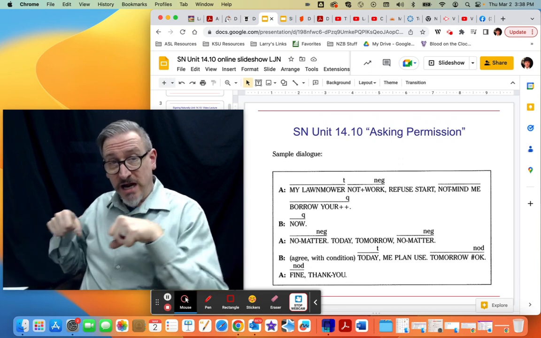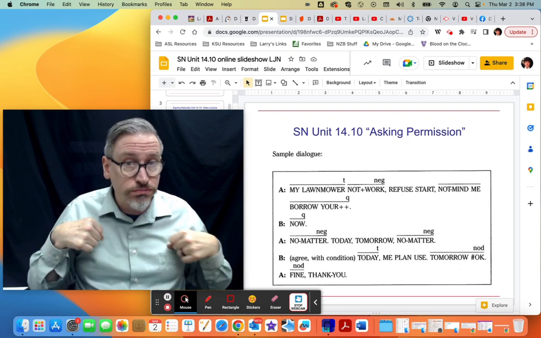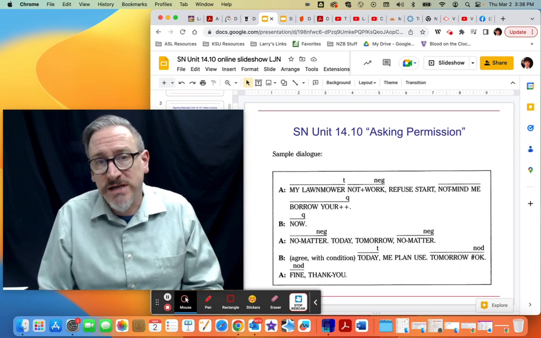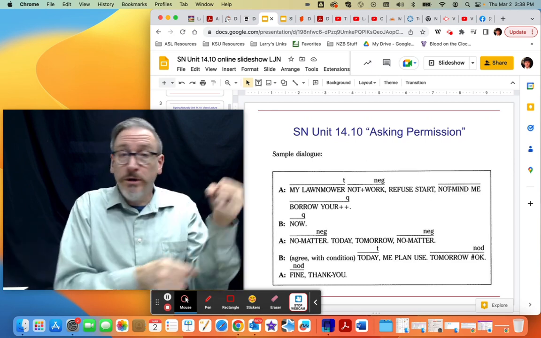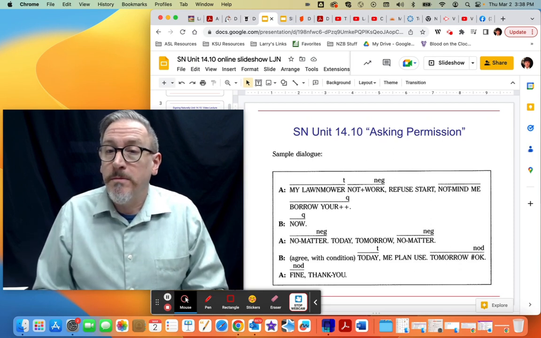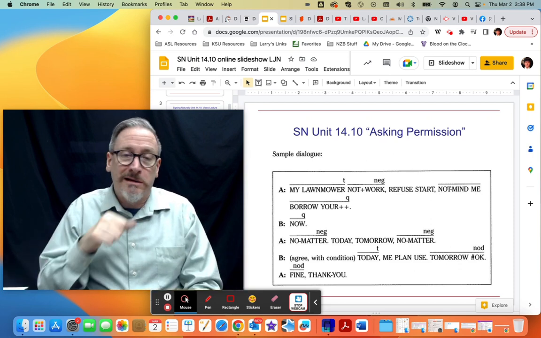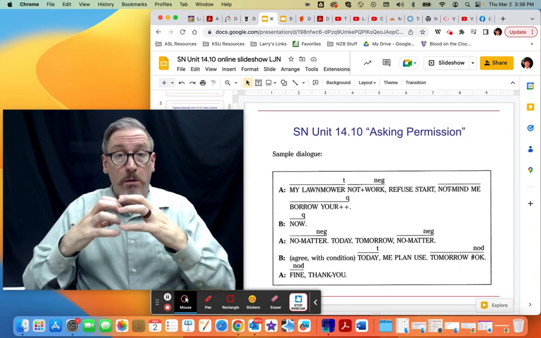Lawnmower, right? So it's an ICL. It's an instrument classifier where we show, right? There's almost nothing else that would look like this, right? Same thing for like broom, shovel, right? Or my lawnmower broke down.